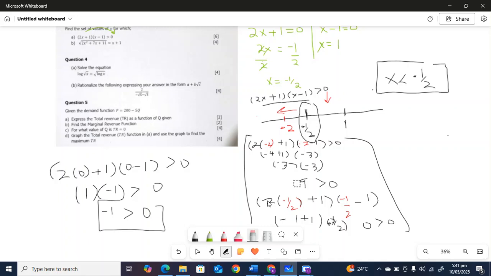Then the next range is from 1 to infinity, 1 over to the right side. So we can start with 1 and say, okay, can 1 be included in this range? So you substitute x for 1 into this inequality here.